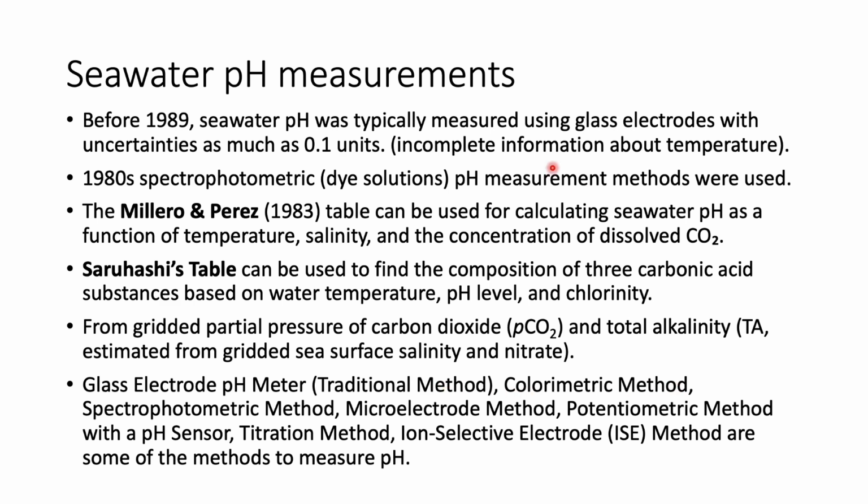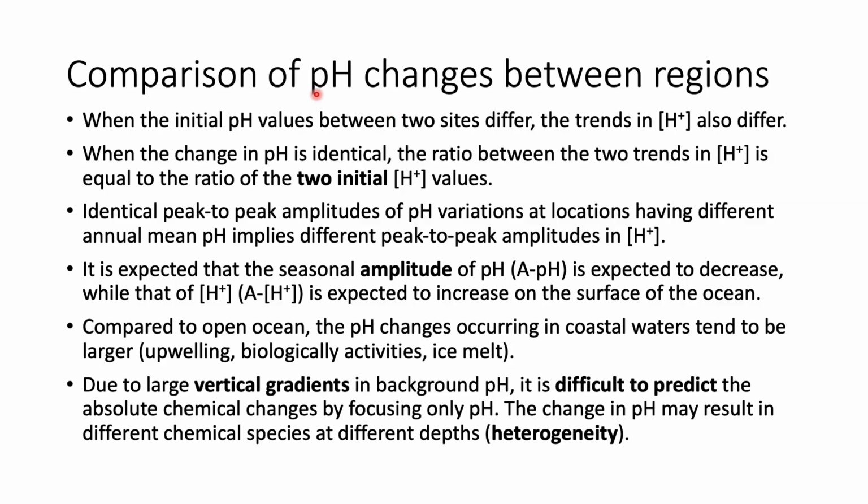The colorimetric method can be used with dyes. The spectrophotometric method, microelectrode method, potentiometric methods with pH sensor, titration method, and ion selective electrode methods are some of the methods currently in use.